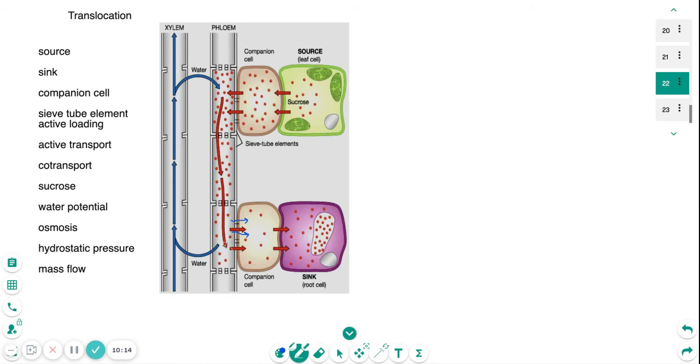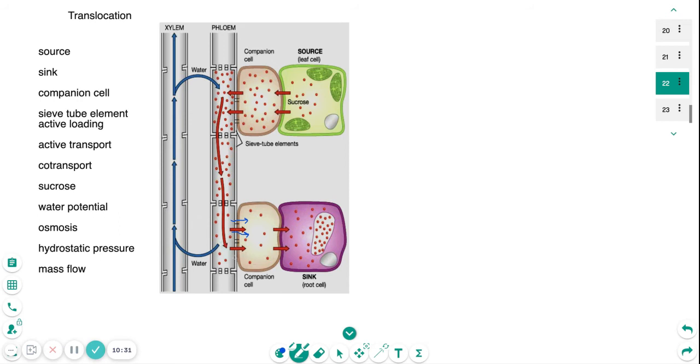So if the sucrose is being unloaded, or moved out of this sieve tube element, it's going to increase the water potential down here. Because there's less solute, the water potential is going to go up.